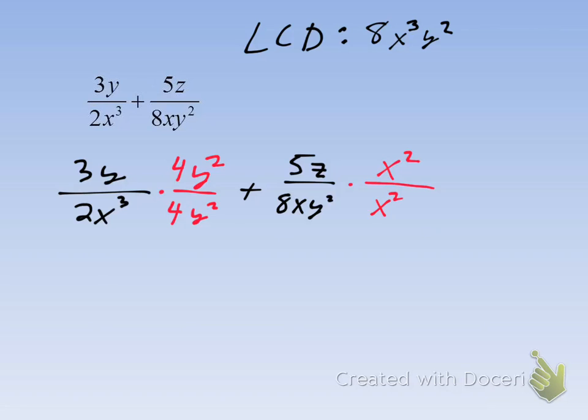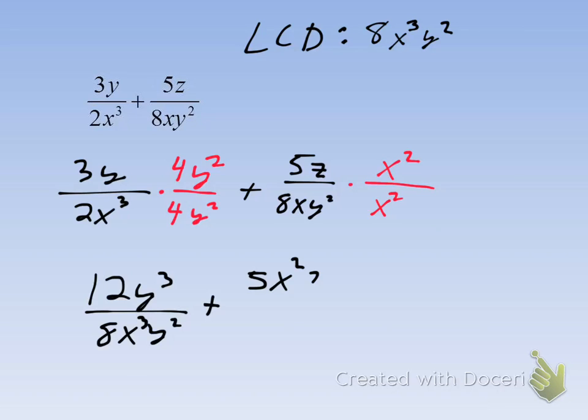So 3 times 4 gives you 12y cubed over 8x cubed y squared, plus 5x squared z over 8x cubed y squared, which builds them up to having common denominators.